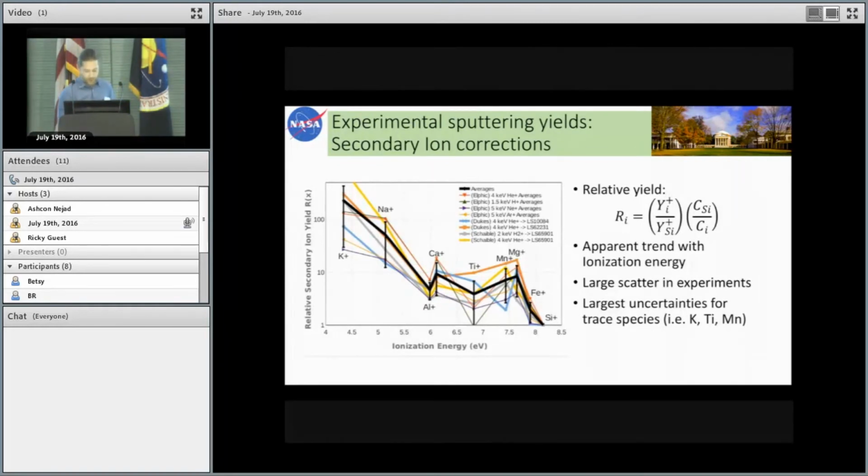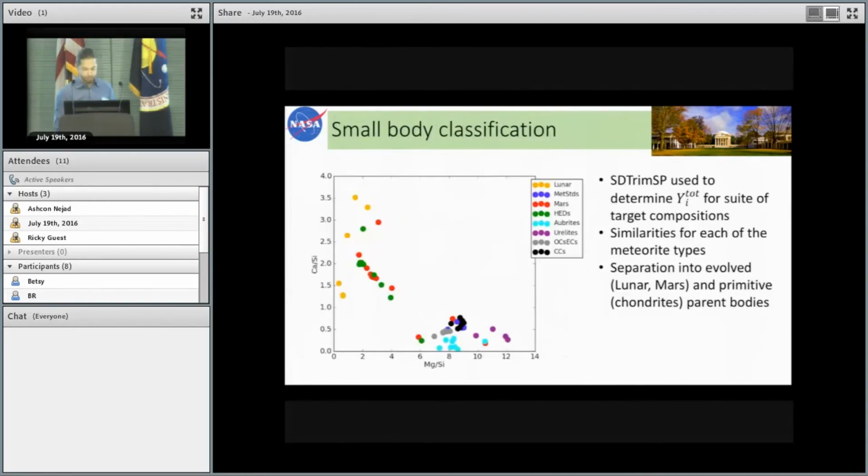It's important to note here that there's, again, large experimental uncertainties, and I think if this type of experiment was done in a very systematic manner, looking at the effects of composition, of crystallinity, then we could reduce these errors and get a good idea of the corrective relative yields for these experiments.